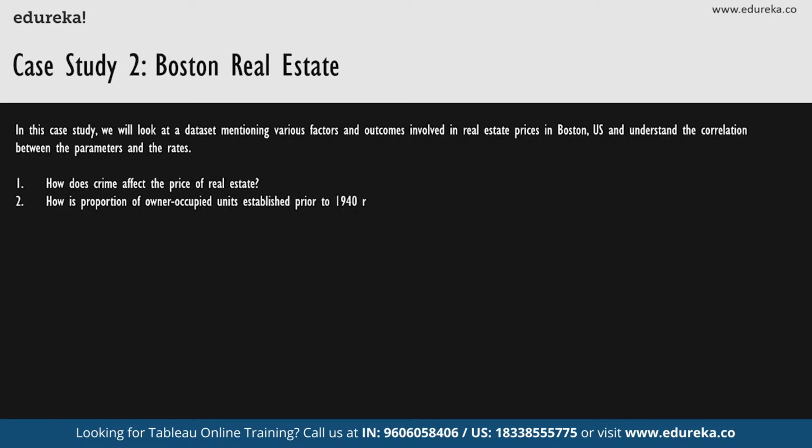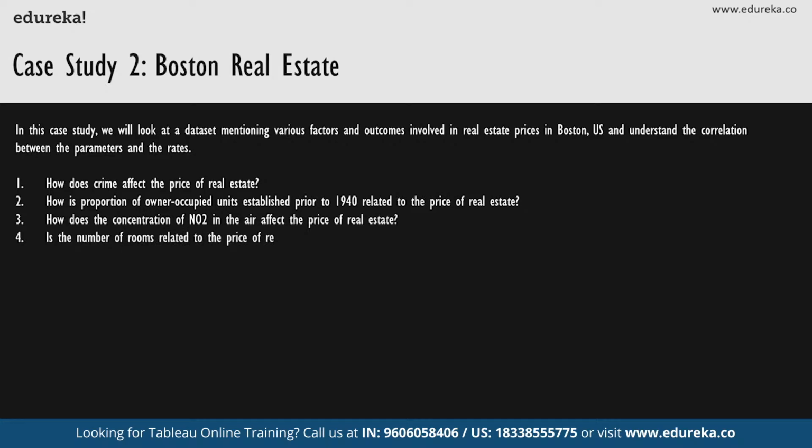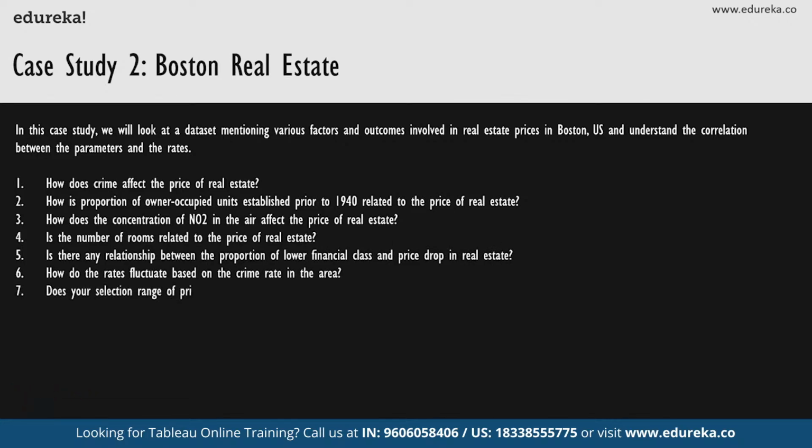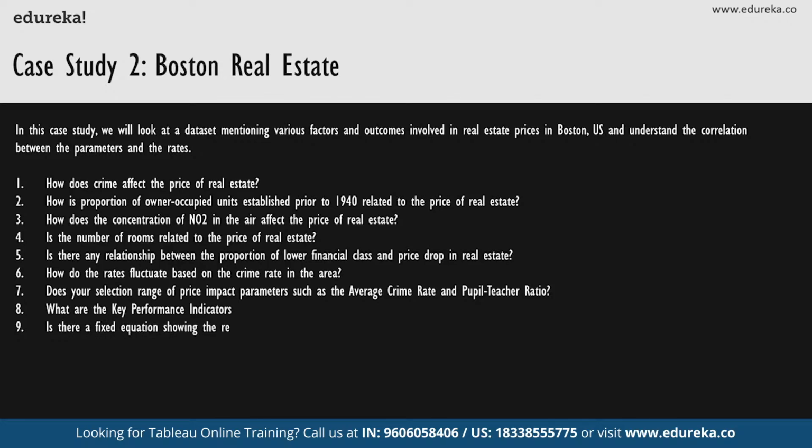Through this exercise, we will try to find out how crime affects the price of real estate, how the age of the building or the proportion of owner-occupied buildings affects the price, how the number of rooms is related to the price of the flat, and how these rates vary in time.